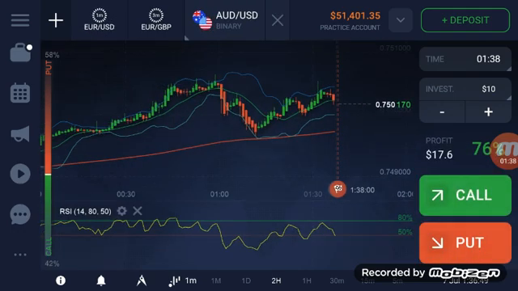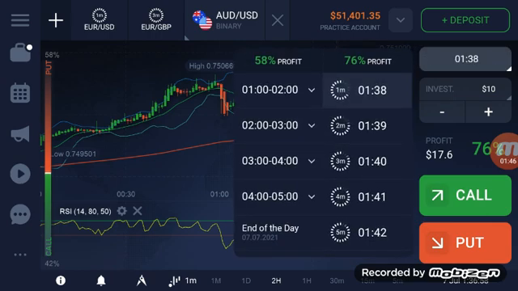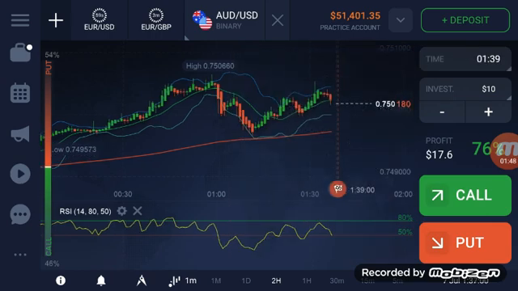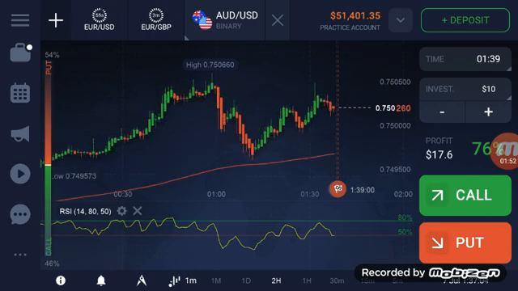Let's look at Australian USD. Okay, it might cross, so we're going 139. Okay, it didn't cross.